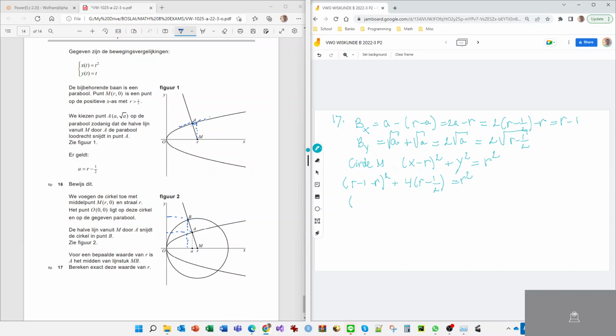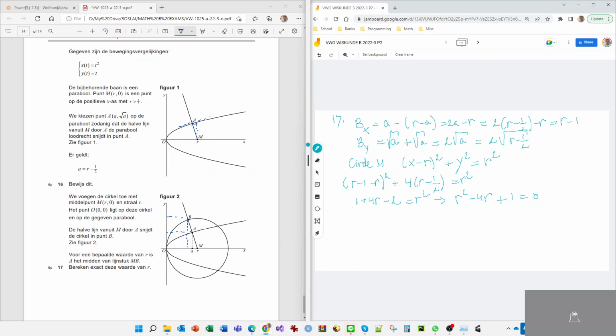So let's just work away all the brackets. This is 1 plus 4r minus 2 is equal to r squared. So bring all these to the right: r squared minus 4r minus 1 plus 1 equals 0.